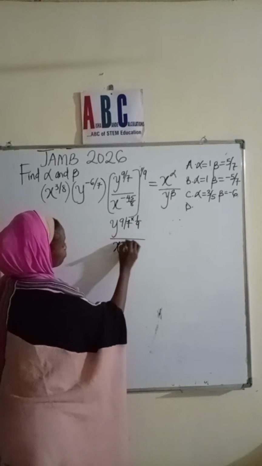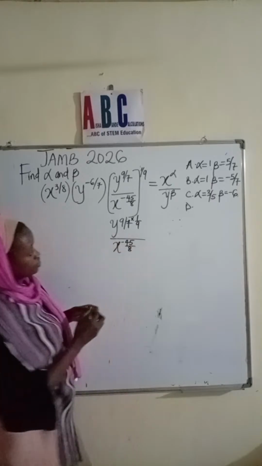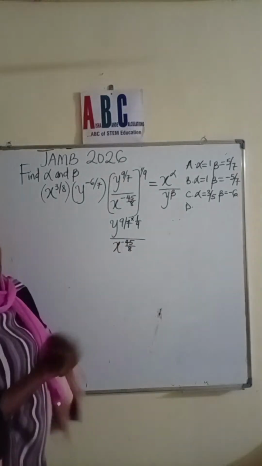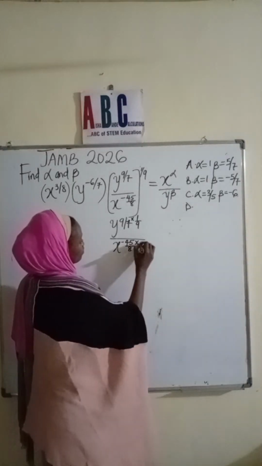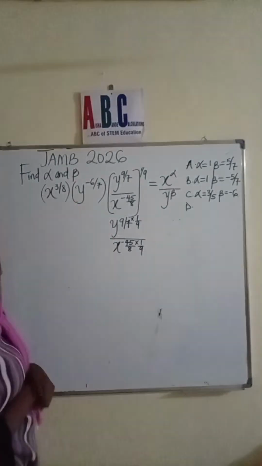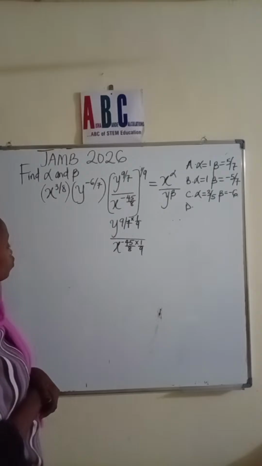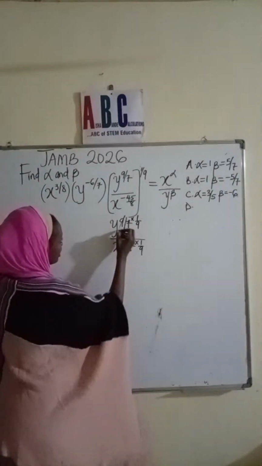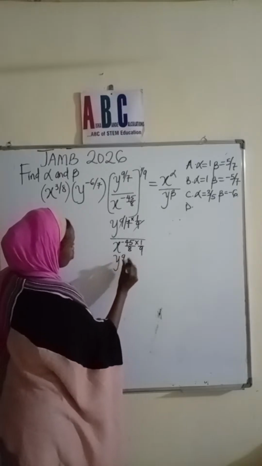Okay. X to the power of minus what? Okay. Times 1 over 9. So 9 cancels 9. Here we are left with y to the power of 1 over 7, right?